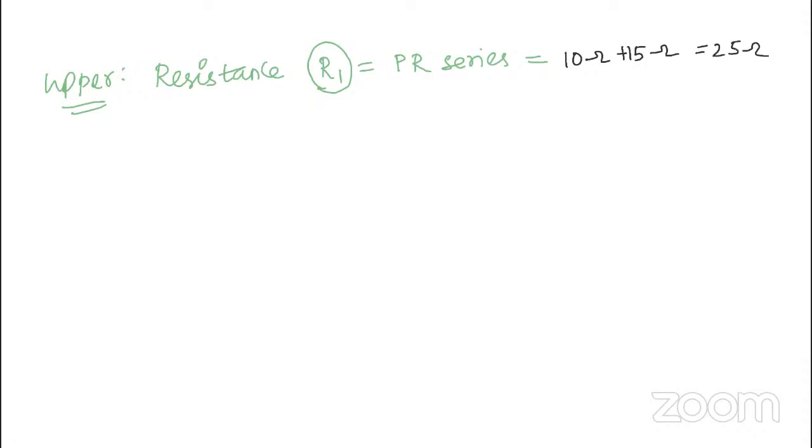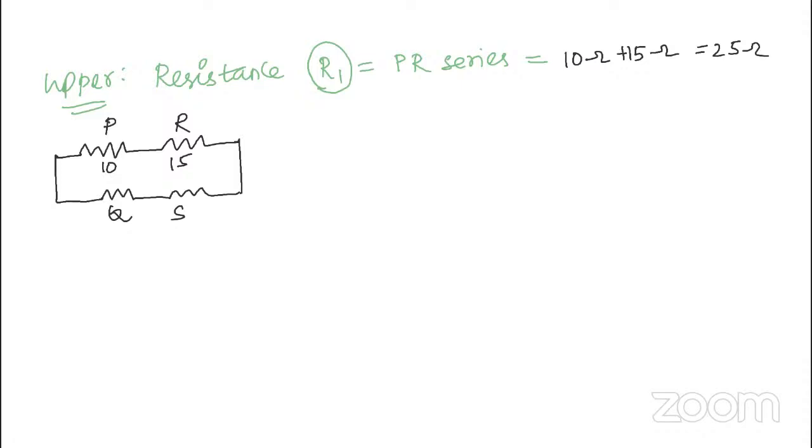So we can convert the resistances P and R into one resistance. Here it is 20, here it is 30.